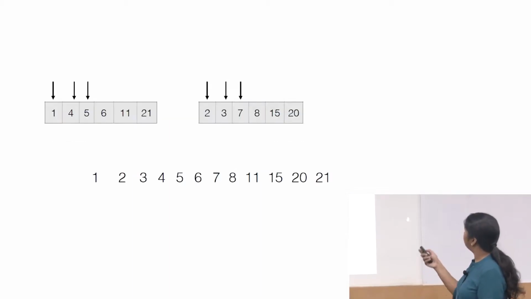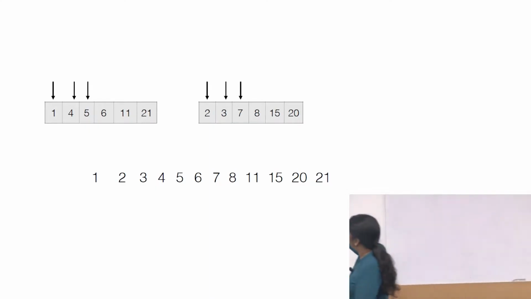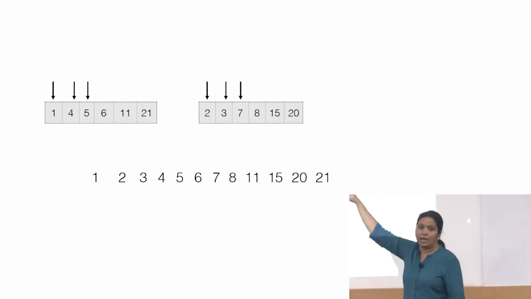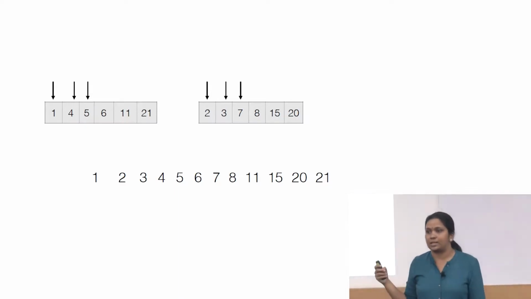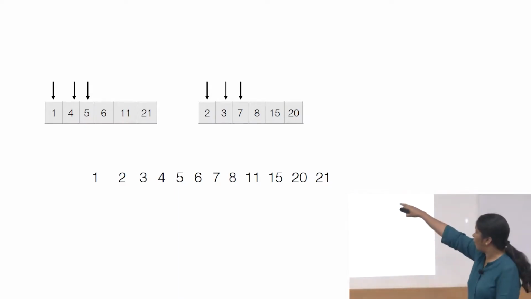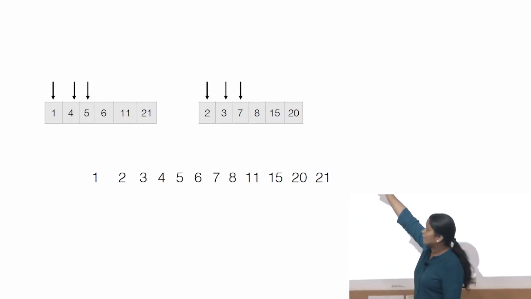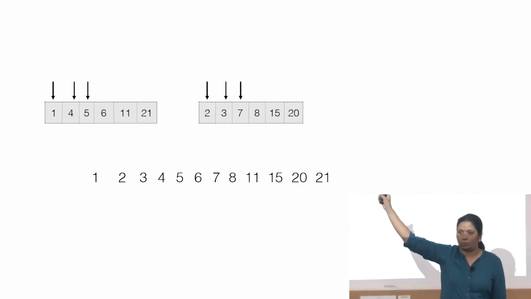So you compare these 2, 1 and 2. It was supposed to be an animation, fine. Whichever is the smaller of them should be the smallest element in the array, so you copy it here. Then you have a pointer which points to the element you are comparing in each of the arrays.